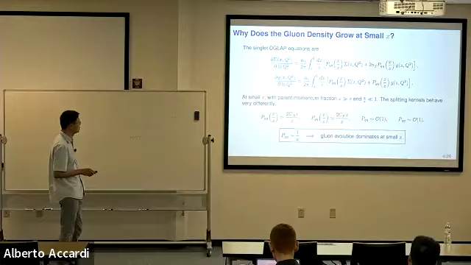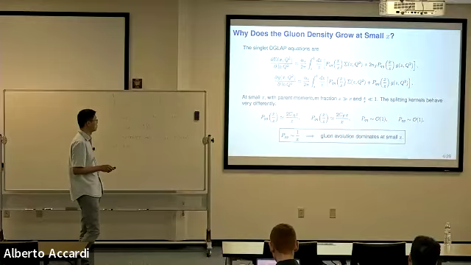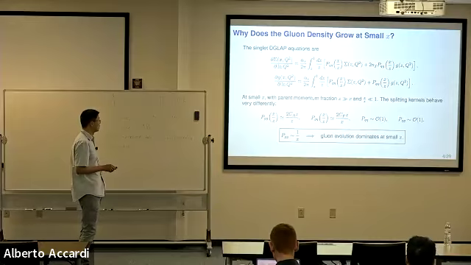In the small x region, the ratio will be very small, much less than 1. So if you stare at the expressions of these splitting kernels, you can immediately realize that the dominant contribution is from gluon to gluon and quark to gluon.